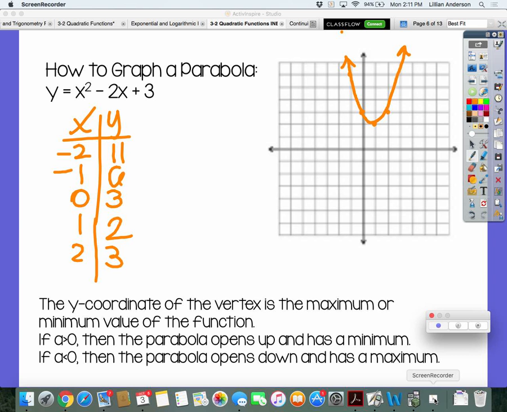It's x squared. A is what number? Say again? It's 1. It's a positive number, so it's greater than 0. That lets us know before we even try to graph this, it should have been opening up to begin with, meaning that vertex is going to be a minimum. However, if a was less than 0, a negative number, it would open down and it would have a maximum. Okay?